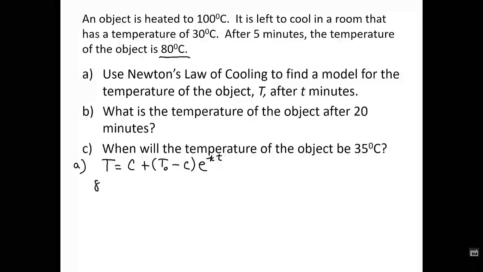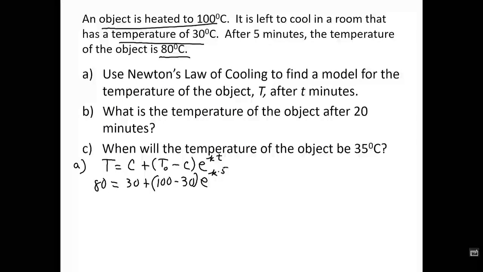So we have 80 is equal to 30 plus, since it is heated to 100 degrees Celsius, 100 minus 30 times e to the kt. But in this case, we want to know after 5 minutes, so t in this case is 5.